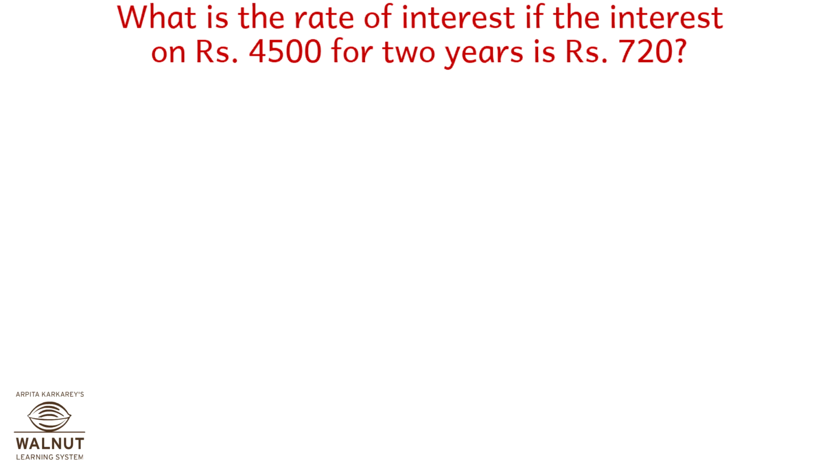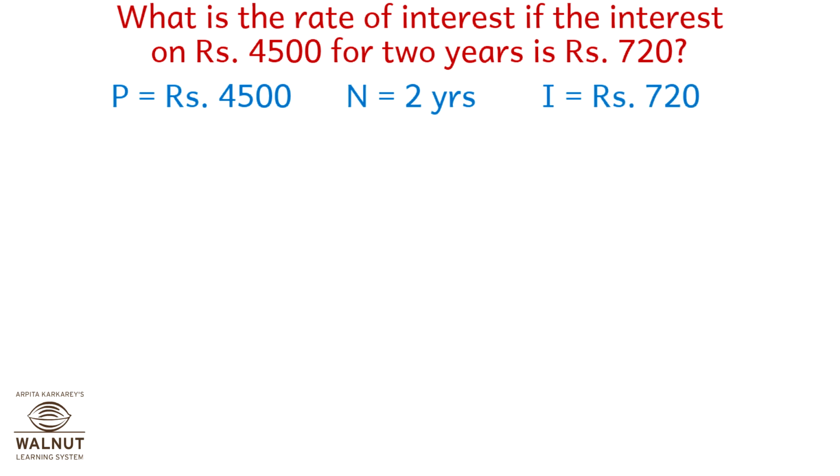What is the rate of interest if the interest on rupees 4500 for 2 years is rupees 720? P is given as rupees 4500. N is given as 2 years. I is given as rupees 720. R is what? We have to find it out.